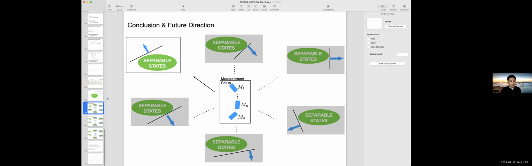So in summary, before our results, we knew that an entanglement witness corresponds to a single hyperplane that separates some entangled states from separable states here. And today I've shown that the same measurement scheme, this measurement scheme that corresponds to this witness, can actually detect some other entangled states here.